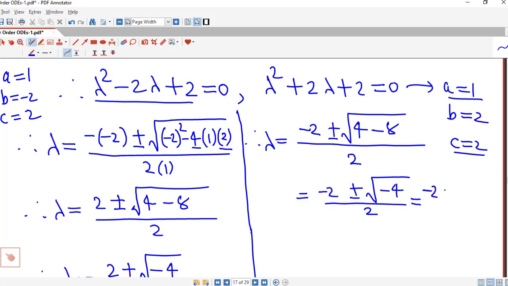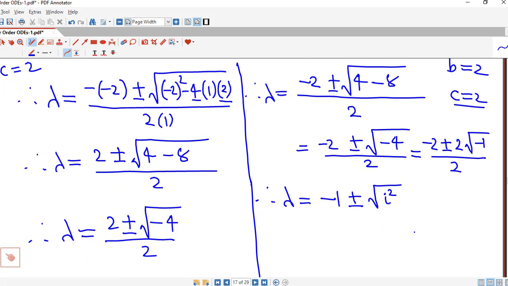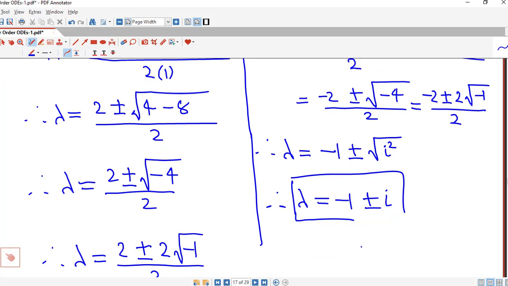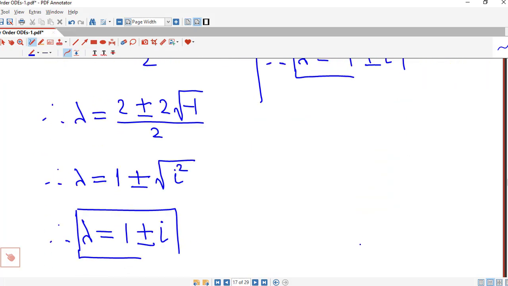The square root of 4 is 2, and the square root of minus 1 is i, divided by 2. So the 2 will cancel out and we have minus 1 plus or minus i. So λ equals minus 1 plus or minus i. This is another possible complex root.